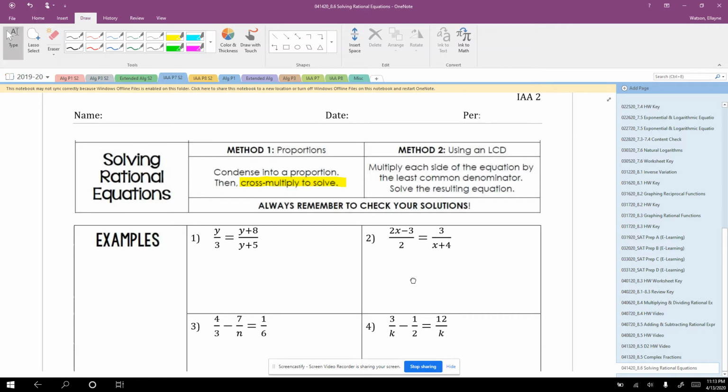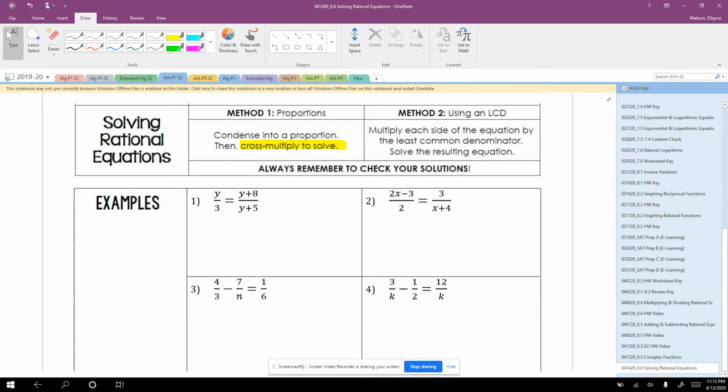So I'm going to write that over here on the side, in our little note section here: if one term on each side of the equation, so if there's only one term on each side of the equation, then you can cross multiply. Okay, and that's when we would use method one.